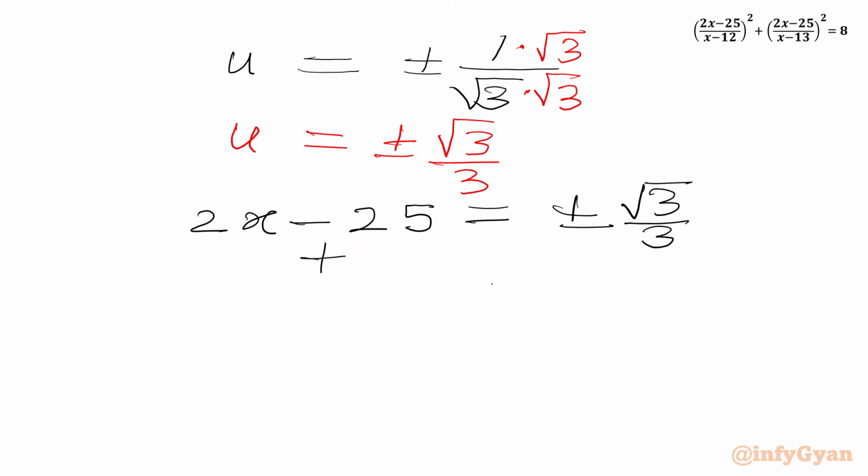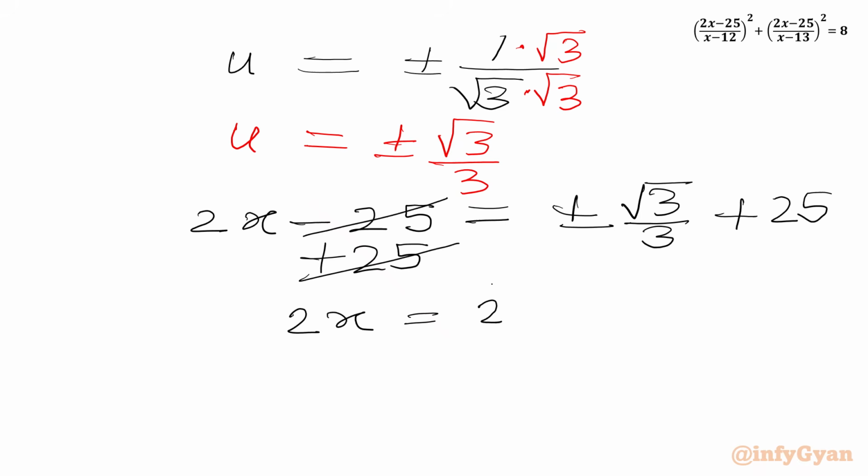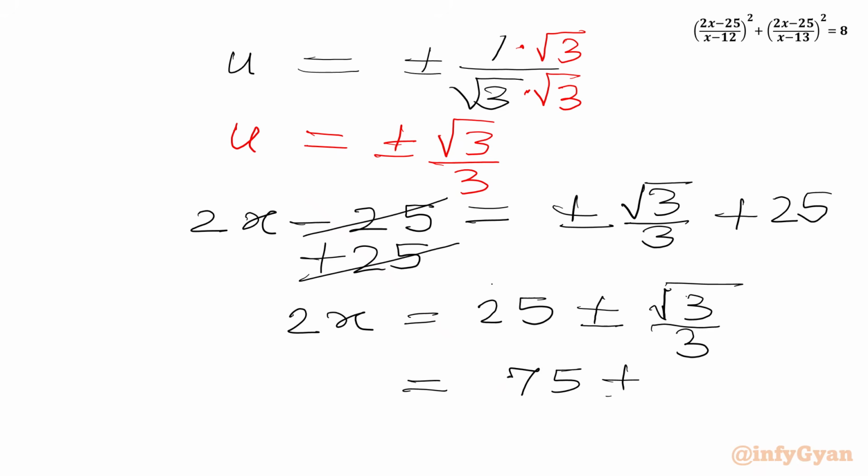Now we'll add 25 to both sides. Now we can cancel plus and minus 25 from LHS, and we'll write 2x equal to 25 plus minus square root 3 over 3. Now we can take LCM. In right hand side we will get 75 plus minus square root 3 over 3. This will be equal to 2x.